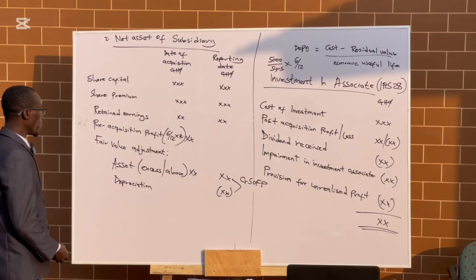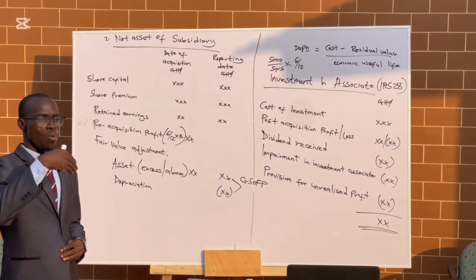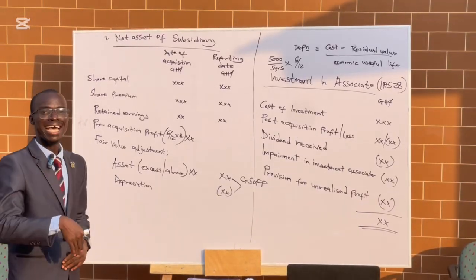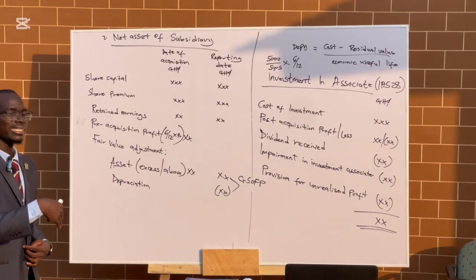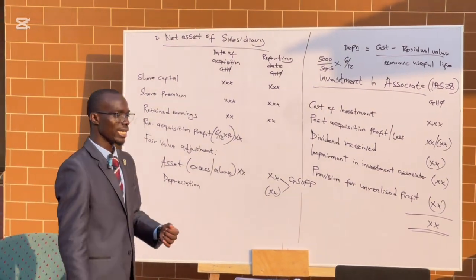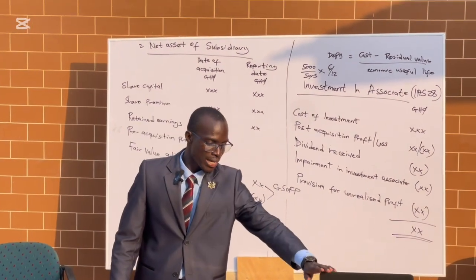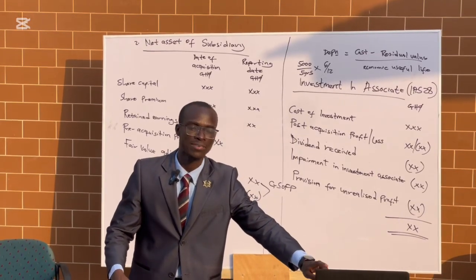Then also, sometimes you can go and value the asset, and the one in your books will be higher than the fair value. So the fair value is less than the one in your books. In this case, the laptop in your books is 5,000, but when you go to the market, the price of this laptop is 4,500.